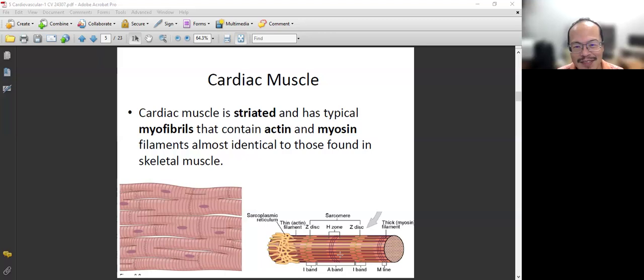It's very similar to skeletal muscle. And as such, you know the contraction mechanism or contraction process will be identical to the skeletal muscle. You have myosin, you've got to have calcium.